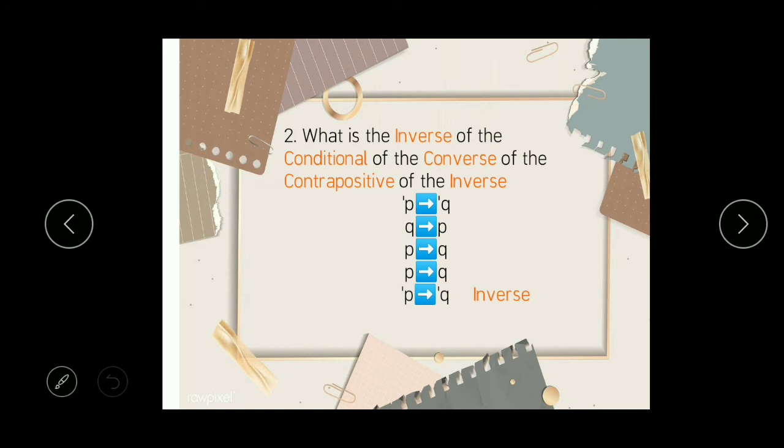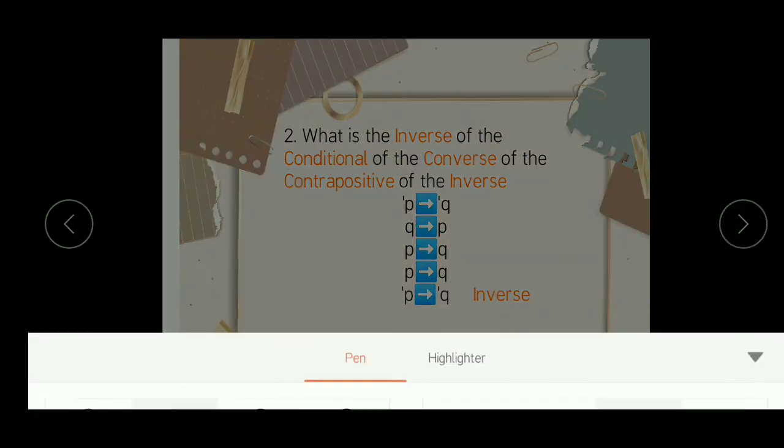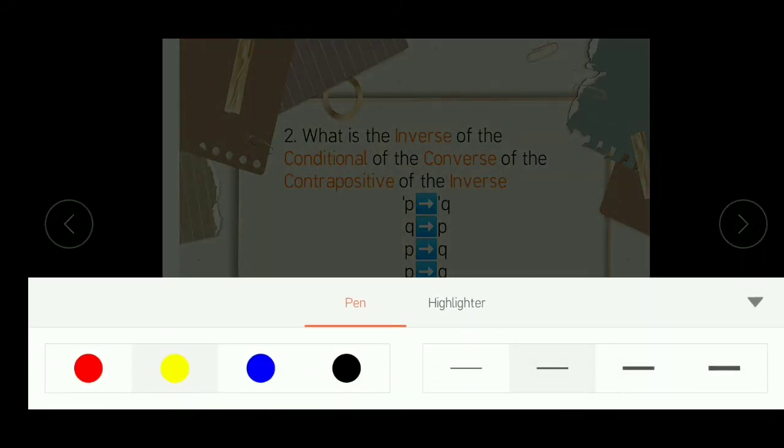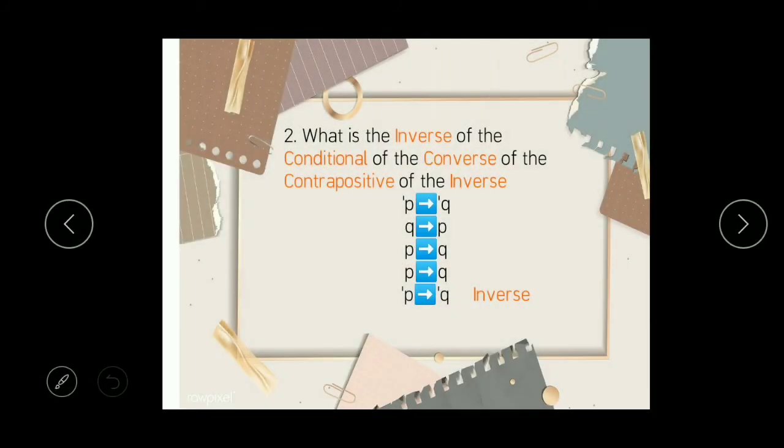The first step is to find the logical statements present in the problem. These are the inverse, the conditional, the converse, the contrapositive, and the inverse. So we have five logical statements that we need to find equivalents for.